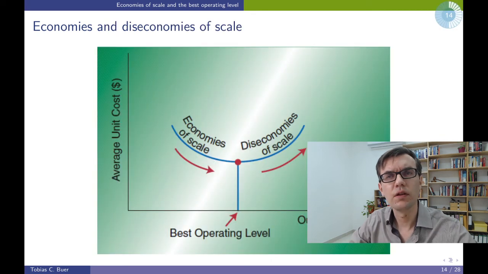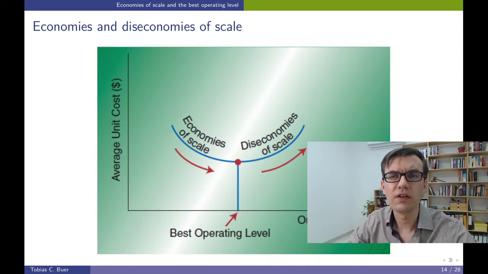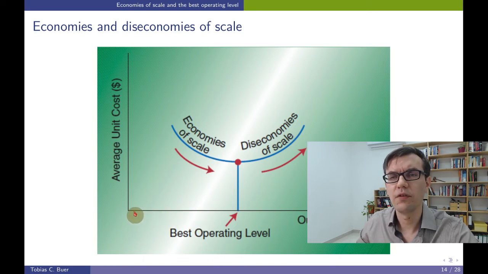Because of these two effects, here is a visual representation. On the x-axis, we have the number of produced output units, and on the y-axis, we have the cost per unit.